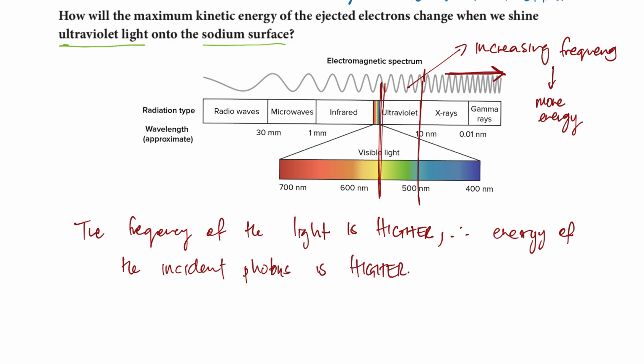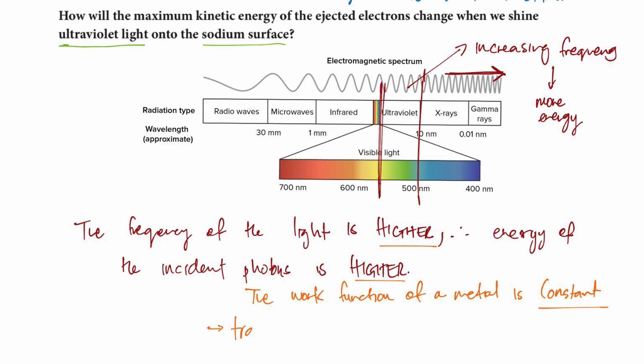Right. Now, if I know that on top of everything else, the work function of a metal is constant. Right? If it has a work function, it has a function. So what's going to happen is, because you've got ultraviolet rays and they are much higher, there is going to be a transfer of energy. And that transfer of energy is EK, or kinetic energy.